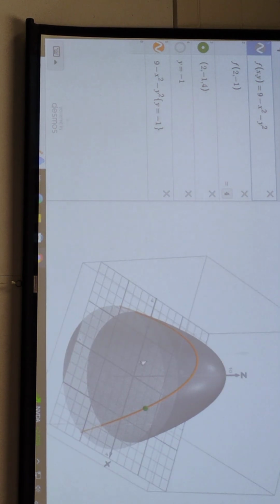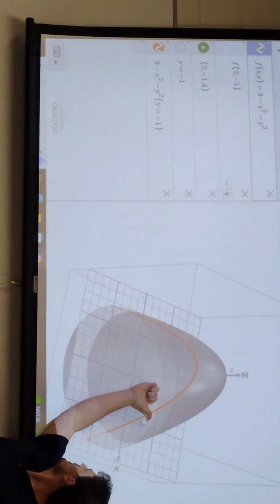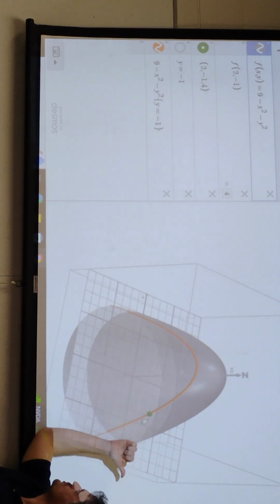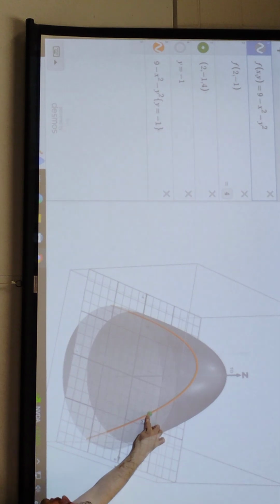And here's the only thing that we have to let sink into our head. If we inch towards the positive x-axis, which is really helpful why Desmos gives us these giant letters. If I increase in the positive x direction towards this big letter, is the z coordinate increasing or decreasing?